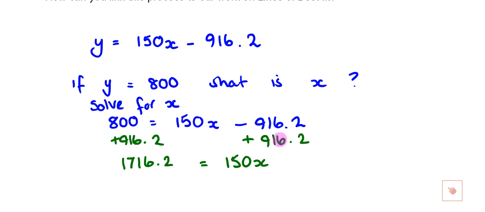I want to know what it was before I subtracted 916, so we add it back on both sides, because if I don't subtract it from there, the answer hasn't had it subtracted either. So now x was multiplied by 150, so the answer is the equivalent of 150 of them. So we divide by 150.